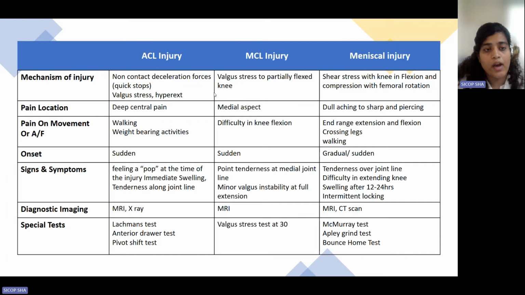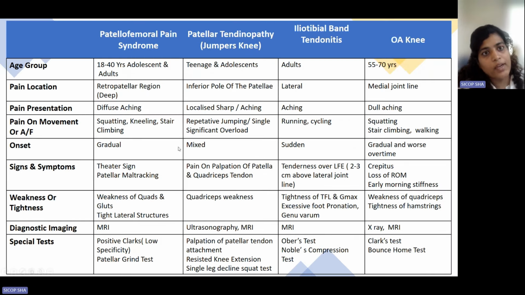That was it. But one more thing I want to add, on patellofemoral pain syndrome and patellar tendinopathy: how are you going to identify the difference, right?